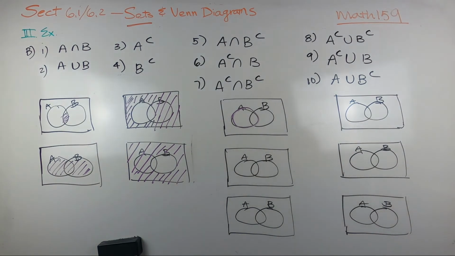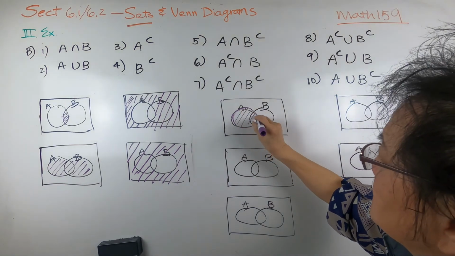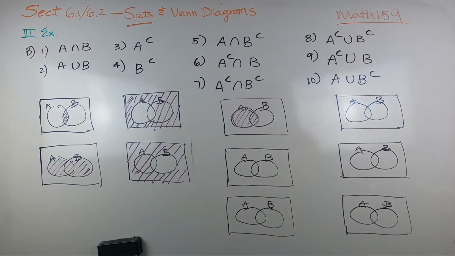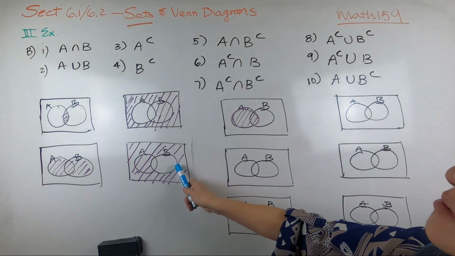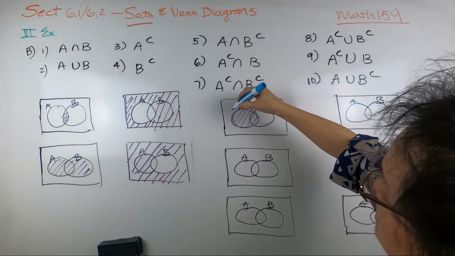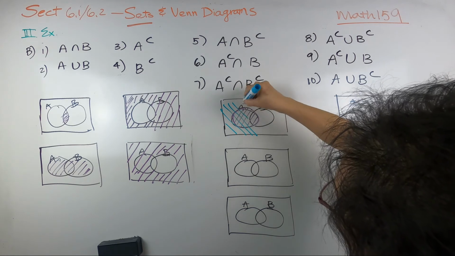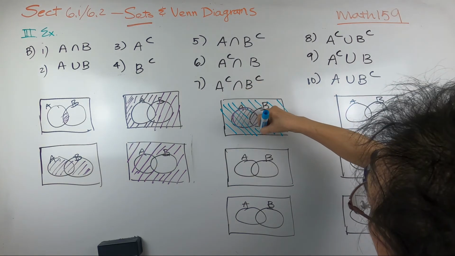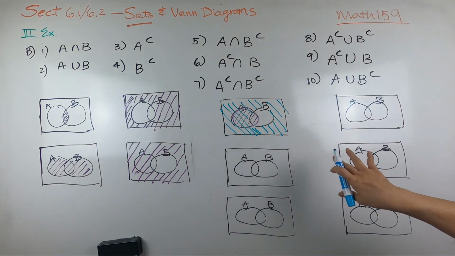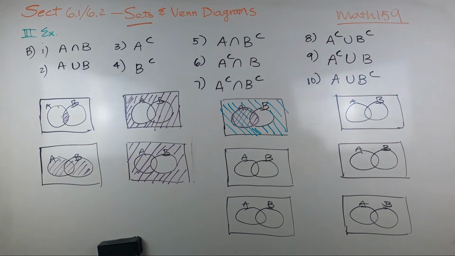Complement of B. A is here, that's our A. Then B complement is this one, outside of B. So the blue one is outside of B. The purple one is A.